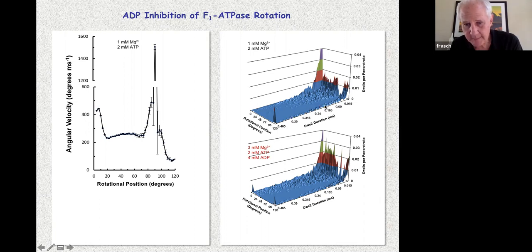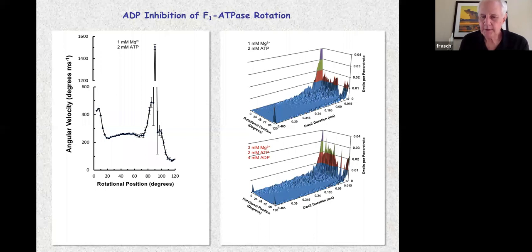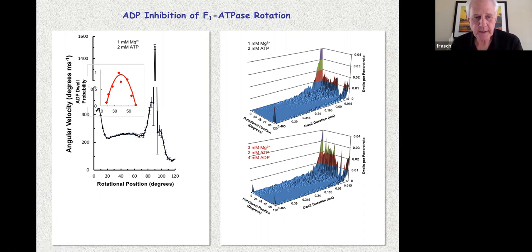But when you add ADP in high enough concentrations to inhibit, we see that now this has come up and that this is extended much more. So this was seeing an ADP inhibition that occurs right around here at about the same place as where ATP occurs. That's not new. And so this is the plot we get of the increased dwells we get from ADP inhibition.